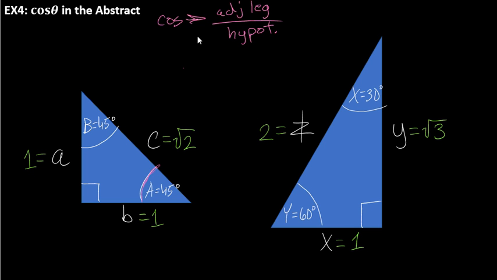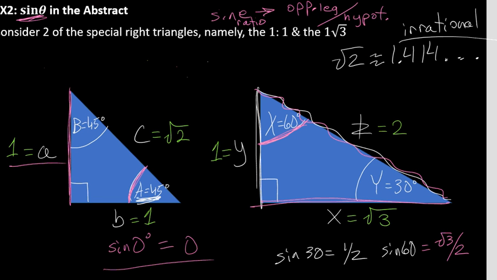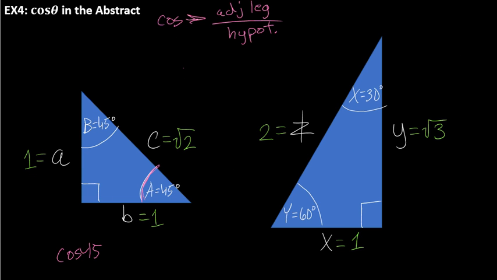So the cosine of a 45-degree angle, we say like this, right? And notice how I'm writing the abbreviation with the angle right next to it. That's exactly how you want to be doing it. Same thing over here with sine, right? Anyway, back to cosine. So the cosine of a 45-degree angle is adjacent over hypotenuse.